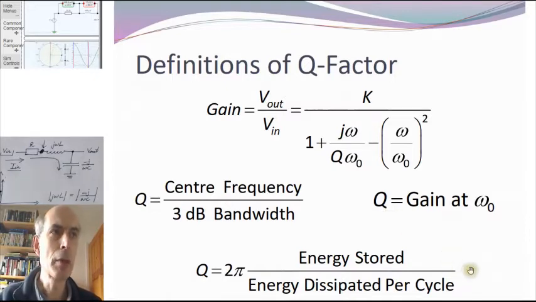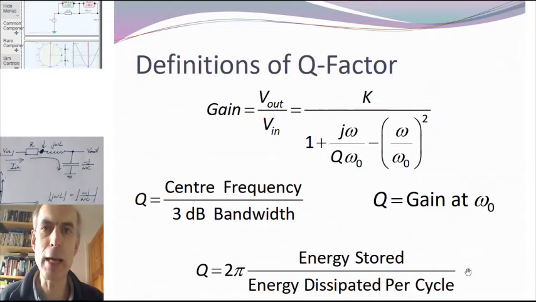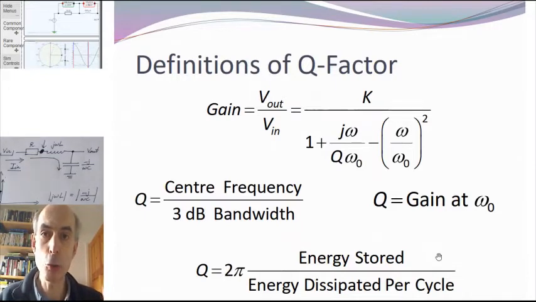There's another formula for Q, which we haven't talked about in the lectures yet, but we'll come back to in the next lab, which says that Q is related to the ratio of the energy stored in the network. Now, remember, capacitors store energy in the electric fields and inductors store energy in the magnetic fields. That's stored energy.